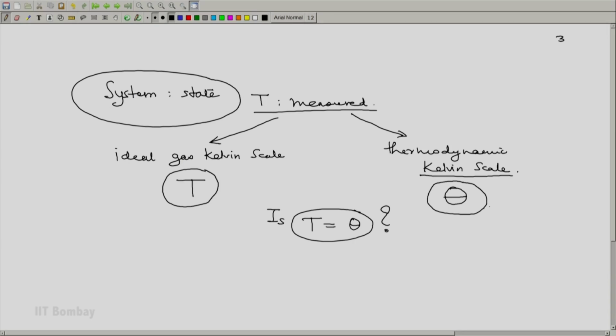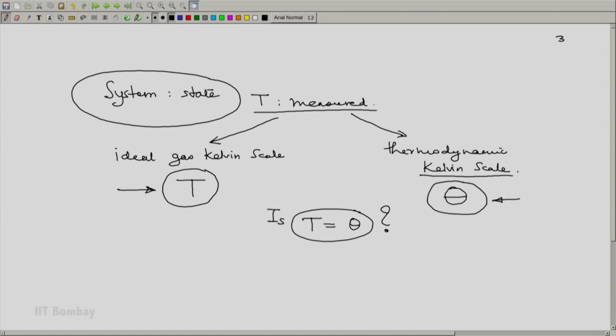Until that question is resolved, which we will do in a few moments, let us say that we will be using the symbol theta whenever the temperature is measured on the thermodynamic Kelvin scale, and we will be using the symbol T when the temperature is measured using the ideal gas Kelvin scale.